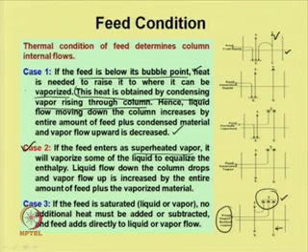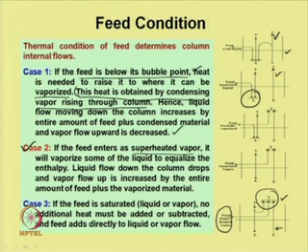Another case is if the feed is saturated liquid or saturated vapor. If it is saturated liquid, all the liquid will go down along with the liquid coming from the top of the tower, and the vapor flow in both sections remains the same.